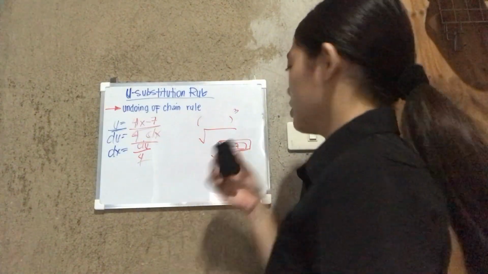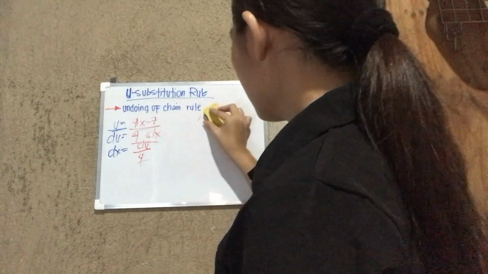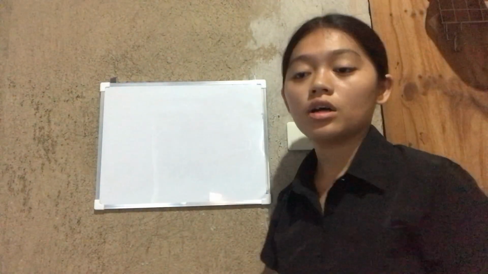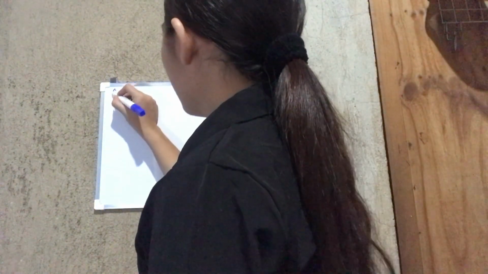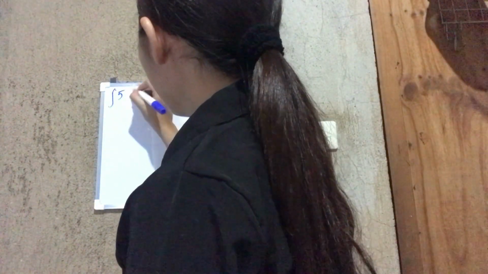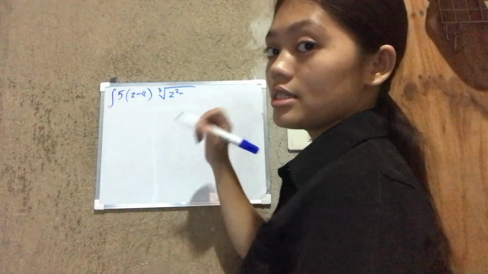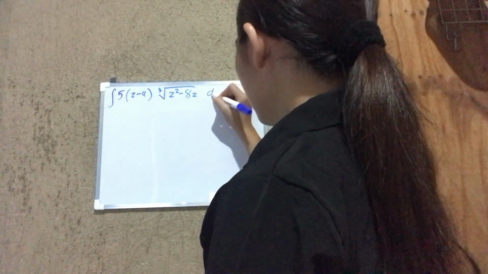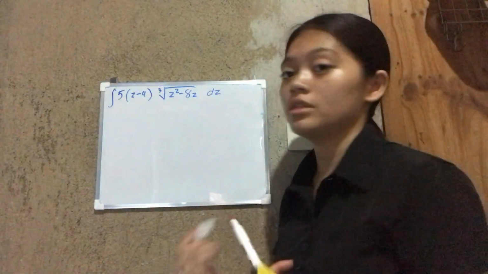For example, we have here the integral of 5 times z minus 4 times the cube root of z squared minus 8z with respect to z.